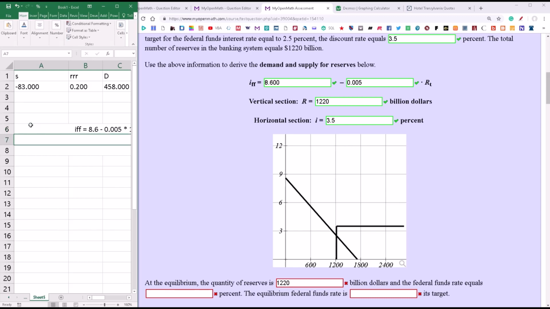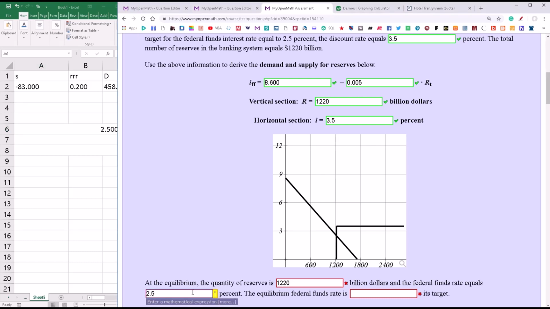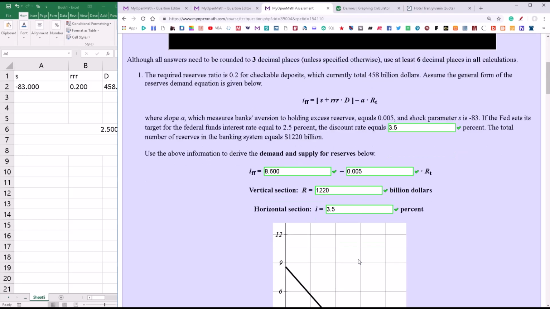This is the equilibrium federal funds rate. Let me get rid of the space in the IF there, and we get a federal funds rate equilibrium of 2.5. And that equals the target. So the equilibrium federal funds rate is equal to its target.